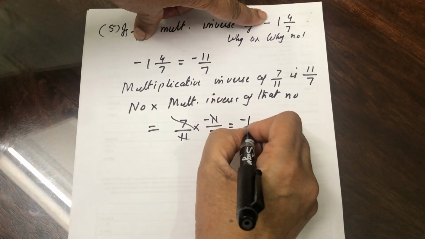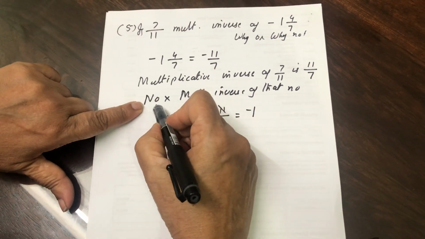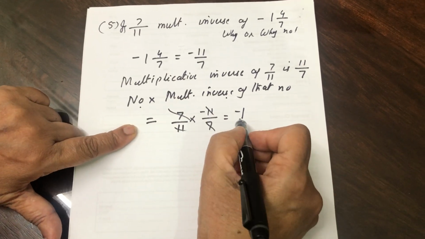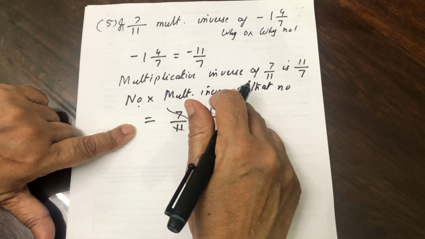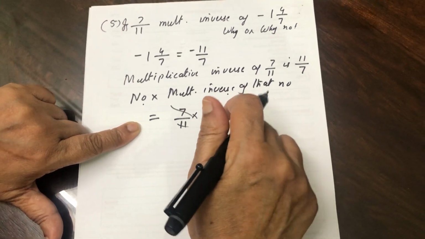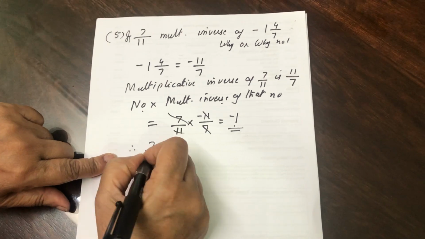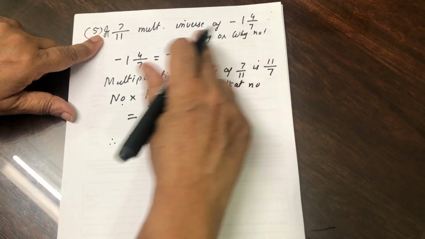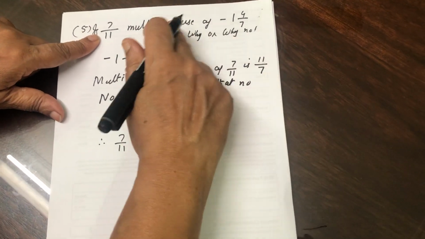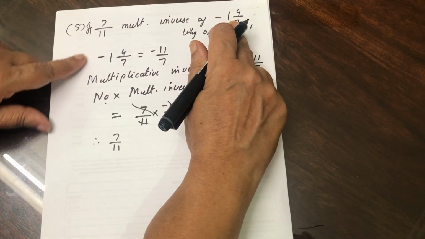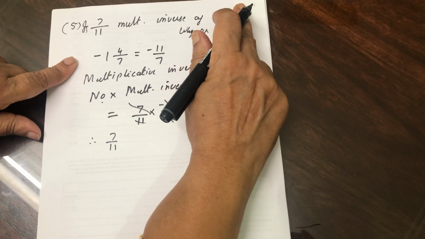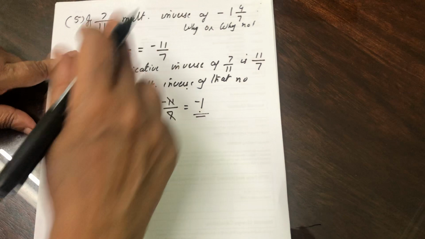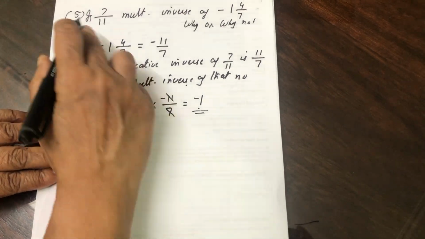The answer is minus 1. The product of a number and its multiplicative inverse should be 1. Here it is coming minus 1. Therefore, you can say 7 by 11 is not the multiplicative inverse of minus 1 4 by 7. Therefore, these two are not multiplicative inverses.